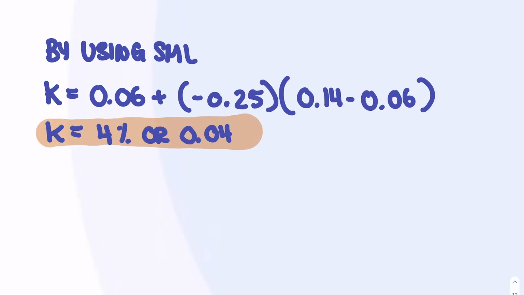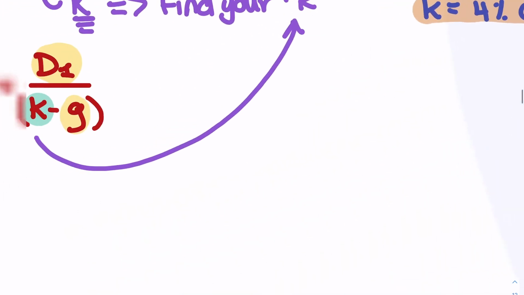So now we have our K, and all that is left for us to do is to find our price today by plugging in our K into our constant growth DDM, all right?